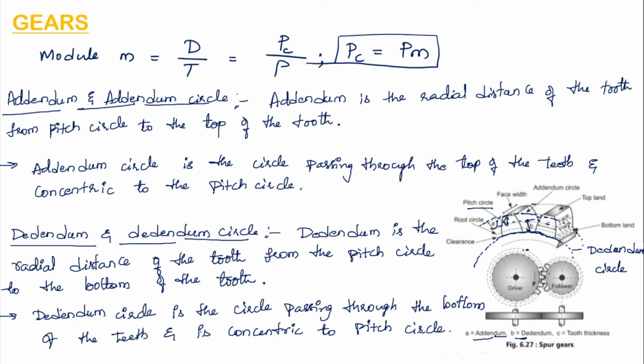Okay. Then what is the width of the tooth space? It is the length of an arc between two adjacent teeth at the pitch circle.